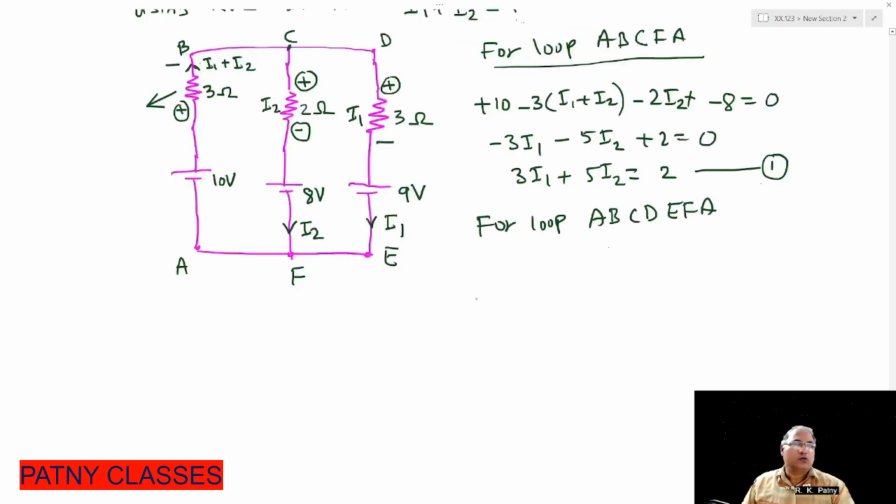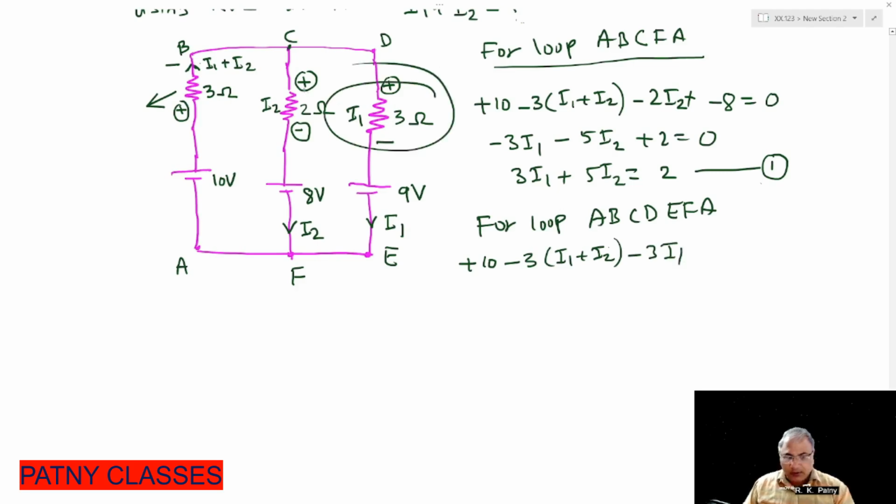Now for closed loop A, B, C, D, E, F, A, again start from A, lower to higher, plus 10, then plus 2, minus 3 (I1 plus I2), then C, then D. After D we got a resistor of 3 ohms. We are moving from plus to minus, so minus 3 I1 for this.